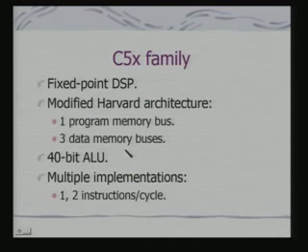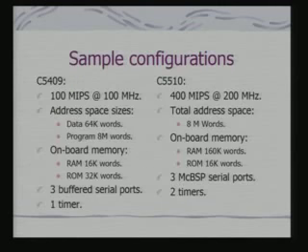It has got a 40-bit ALU and multiple implementations, either 1 or 2 instructions per cycle. It is not that all instructions are single cycle. These are examples of 2 such processors, C5409 and C5510. In fact, 54 and 55 again refer to 2 distinct families and variations in the architecture.